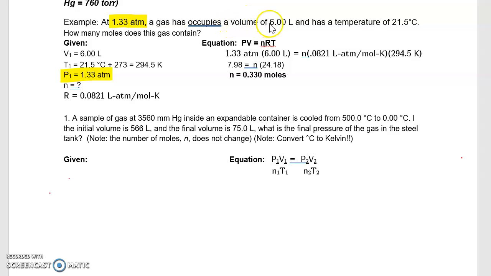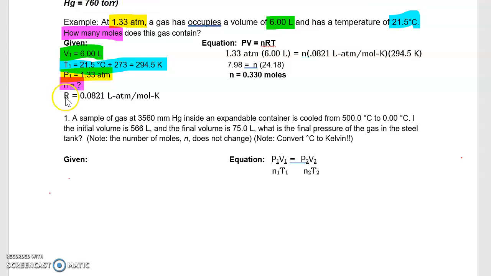And then I have 6.00 liters, and that is my volume. And I have 21.5 degrees Celsius, and that is a temperature, which I'm going to immediately convert into Kelvin by adding 273 to it. And then the question says, how many moles? And so moles is going to be my unknown. And then R is going to be the same thing every time.